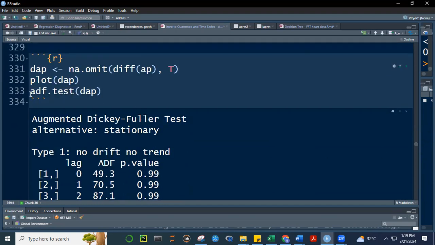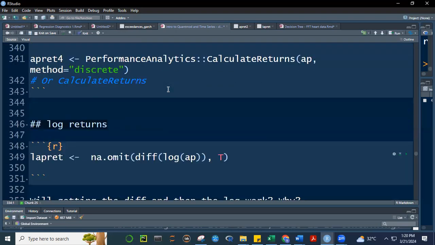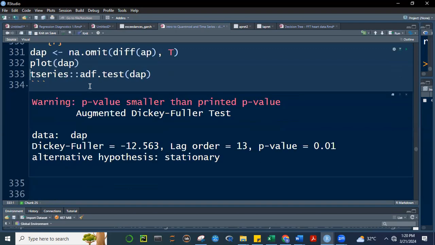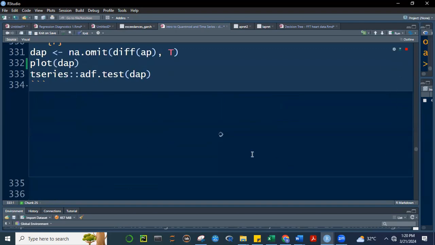Okay, so this is the simpler result class. All right, so still with the p-value equal to 0.01, and with the null hypothesis that the time series DAP is not stationary, we reject that null hypothesis. So even if the plot of DAP seems to point to non-stationarity in variance.